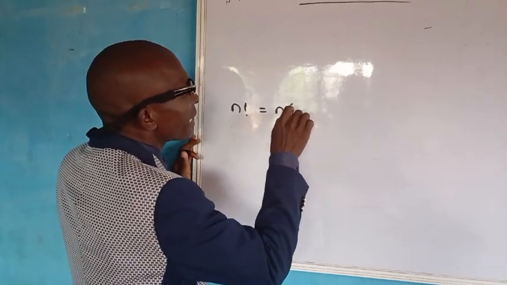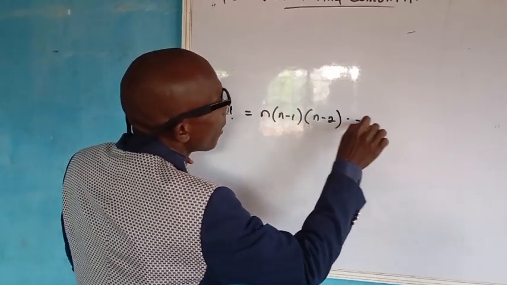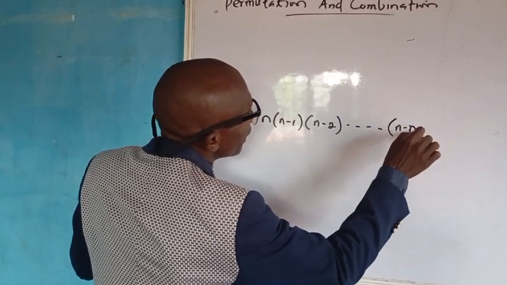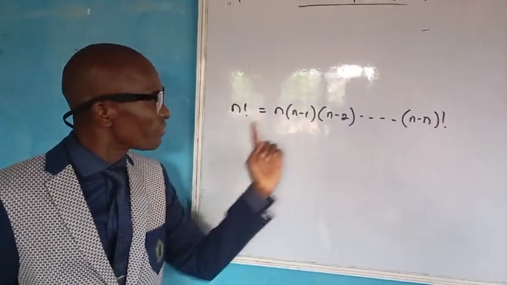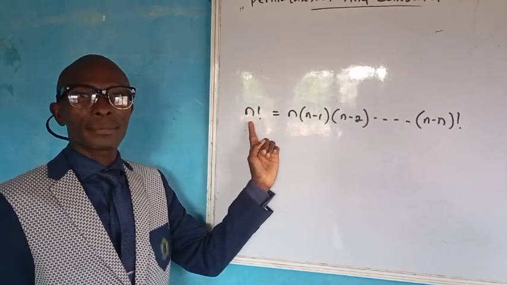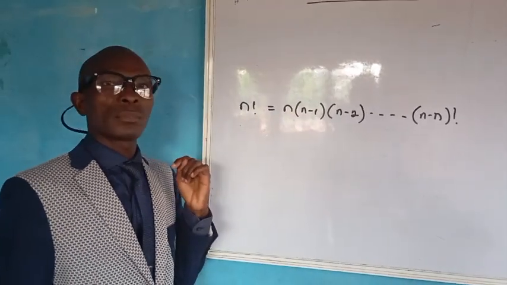That is n times (n minus 1), (n minus 2), down to 0 factorial. This is how you define factorial.